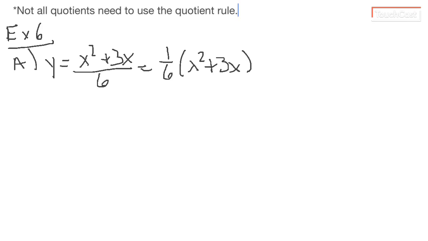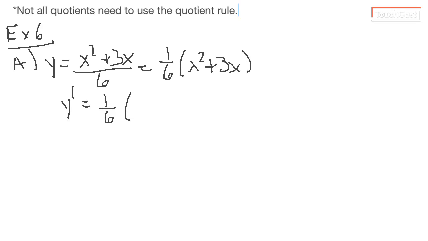We can decompose it. So if we want to find the derivative of this, well, that 1 over 6, that's just a constant multiple. So we're just going to find the derivative of what's in the parentheses. We'll bring the 1/6 through.